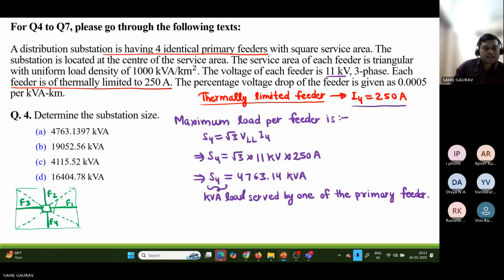So the area served by one of the feeders we call A4, since there are 4 feeders. And the kVA load served by one of the feeders is S4.